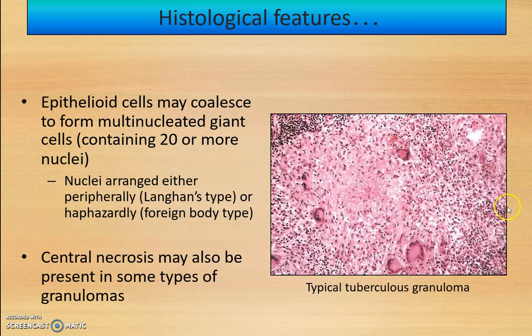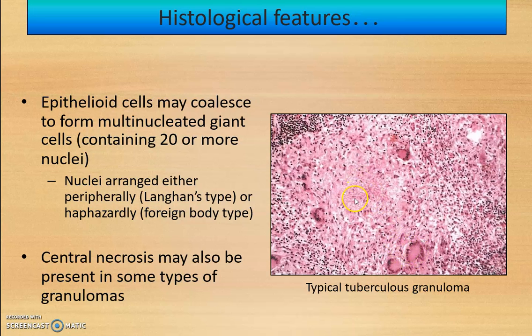Another histological feature: epithelioid cells may coalesce to form multinucleated giant cells, like in this picture. You say it's a multinucleated giant cell because it contains 20 or more nuclei in this case. Here the nuclei are arranged at the periphery, which we call the Langhans type multinucleated giant cell, and we can also have the foreign body type, in which the nuclei are arranged haphazardly.